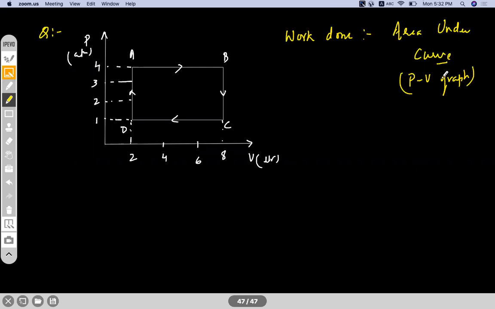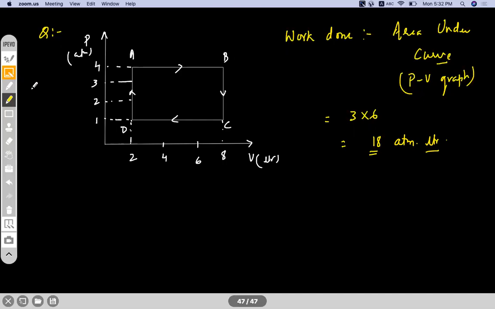So what is the area here? Length into breadth, right? Rectangle. So length is 6 and breadth is, sorry, 3. So area is nothing but the work done. So we have 3 into 6, so we have 18. Unit is atm liter here, which you can convert in joule if you want easily.